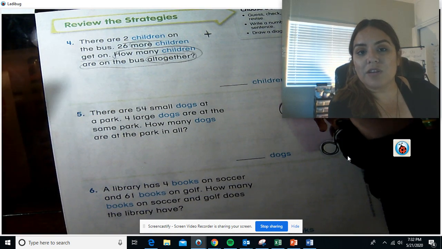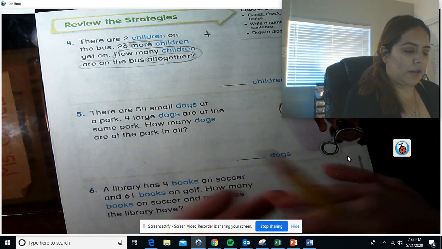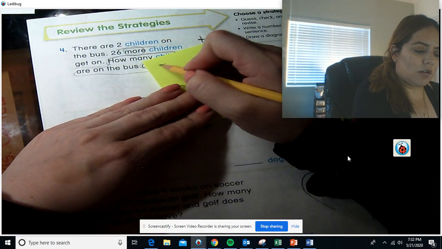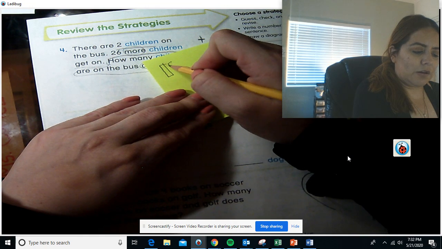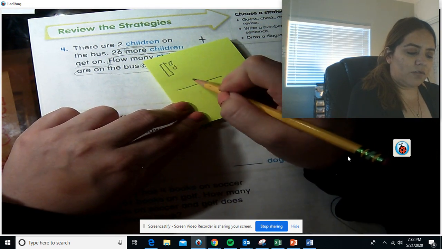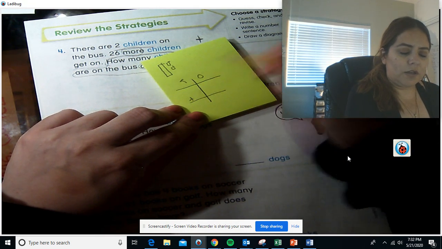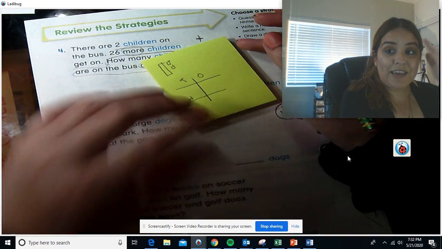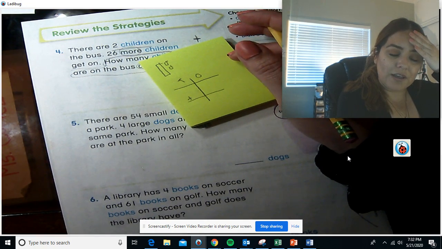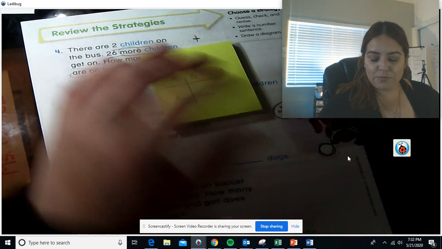So remember yesterday we talked about some strategies that we could use. We can make pictures. So we can make tens and ones. We can use our T-chart for adding. So we have tens and ones. We can count on by putting a number in our head. Or we could use our number chart.